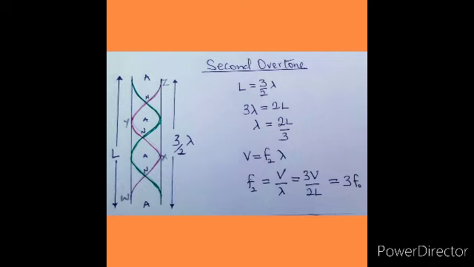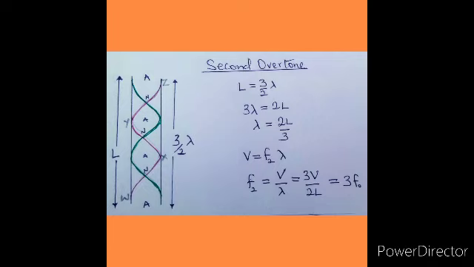To make lambda the subject of formula, we have 3 lambda equals 2L, then lambda equals 2L over 3. Recalling again the equation of motion, V equals F lambda. This time we are talking about the frequency of the second overtone, F2. So V equals F2 lambda.